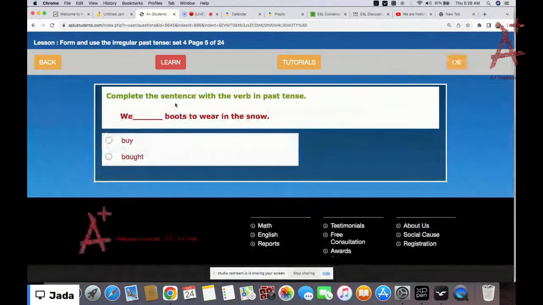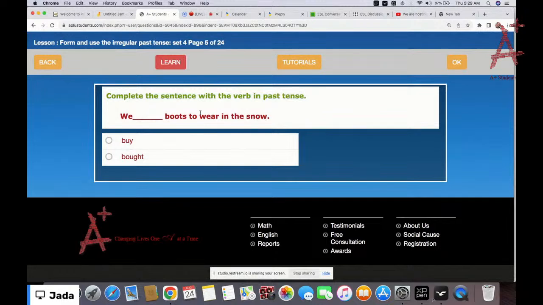We dash boots to wear in the snow. We buy or we bought boots to wear in the snow. Buy or bought. So is it buy or bought?